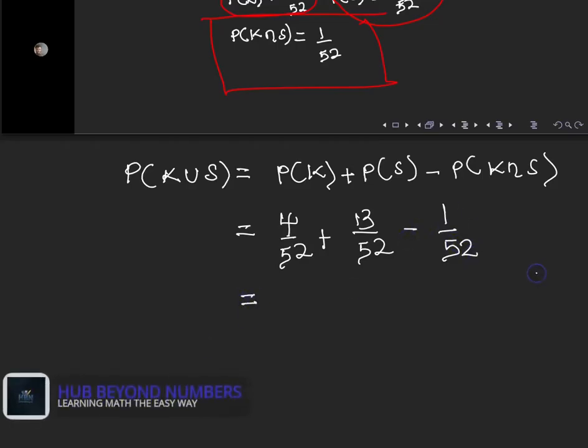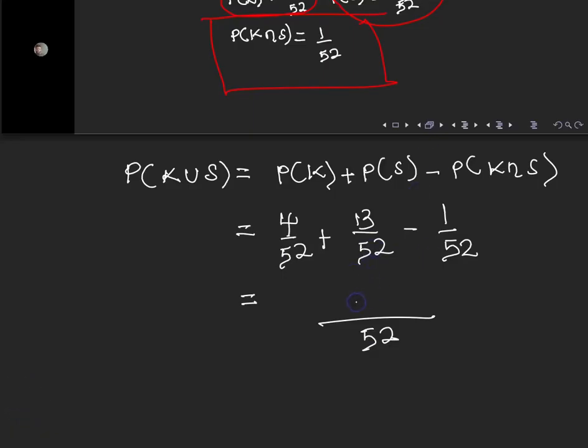Now this is just a simple addition. Since the denominators are all the same, we can say we have 4 plus 13, which gives us 17, minus 1, which is what? 16. So we have 16 over what? 52.